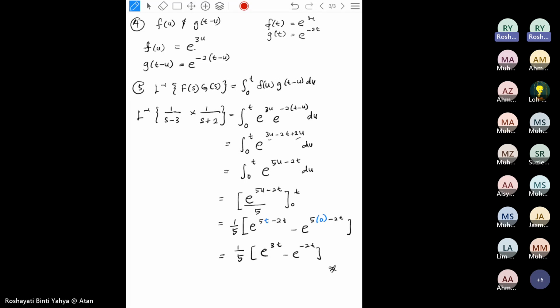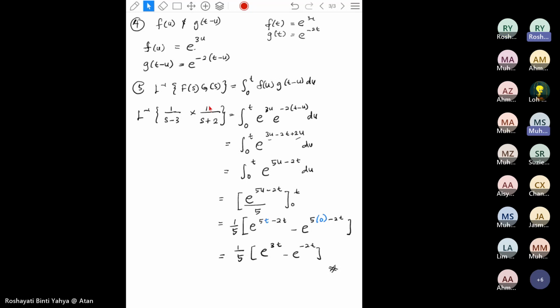Any question? Saya nak tanya. Ya, Hanan. Apa jadi kalau contoh kita tukar FT dengan GT tu? Macam ni kita ambil 1 over S minus 3 sebagai GS dan 1 over S plus 2 sebagai FS. Ada beza ke?